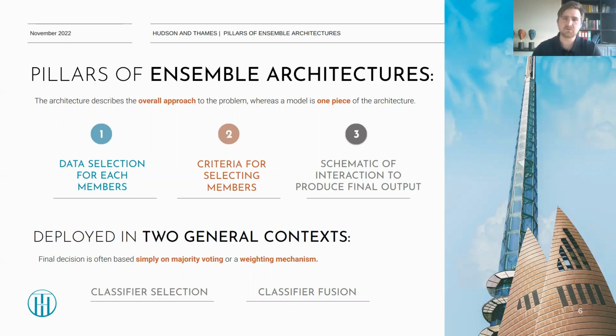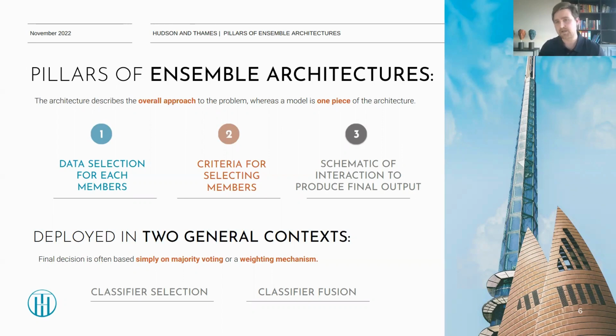And also, ensemble techniques are generally deployed in one of two general contexts. First one is classifier selection, where you subdivide the feature space into different regions, and that classifier for a certain space becomes like a local expert in the space that it's trained on.